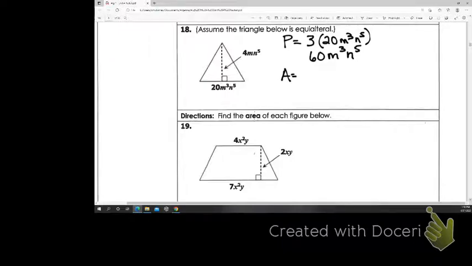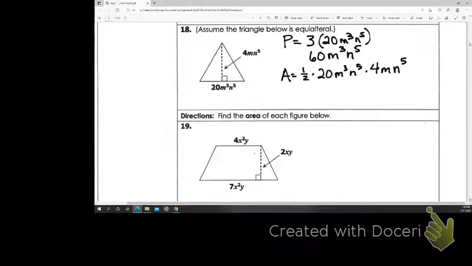Area, we're going to take half times the base of the triangle times the height of the triangle. So that's where the dotted line comes in. That's the height of the triangle. We didn't have a dotted line in the last triangle because since it was a right triangle, one of the sides was the height.